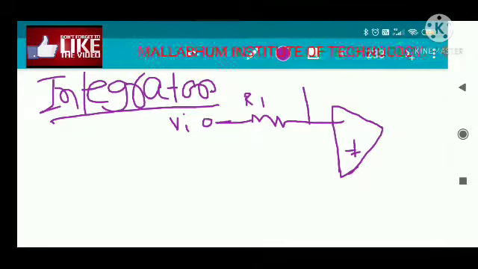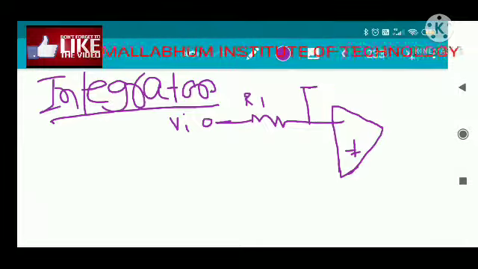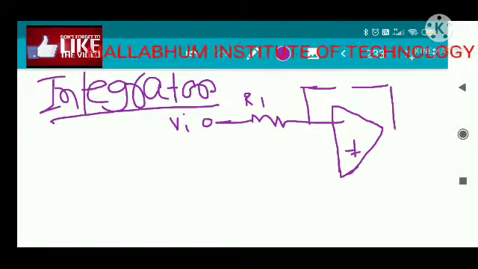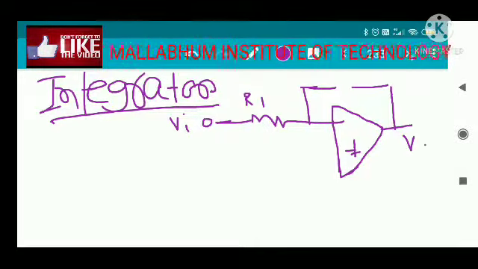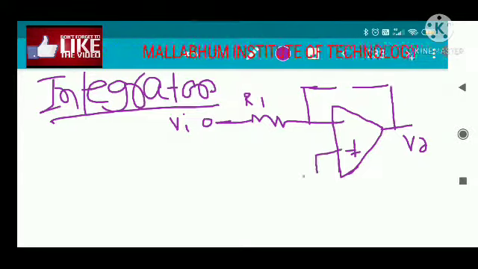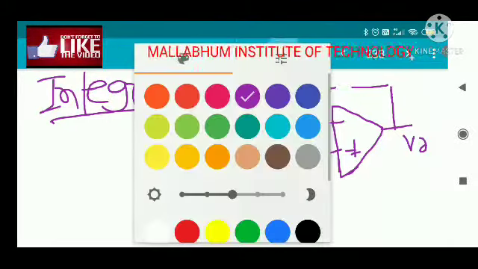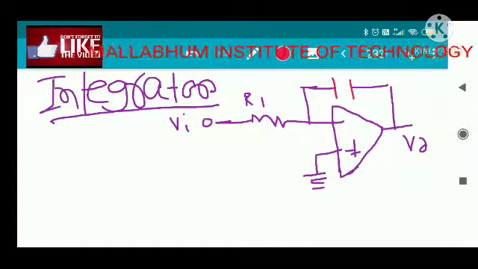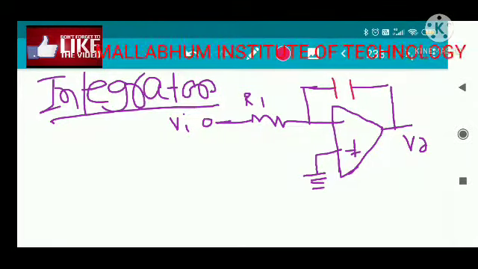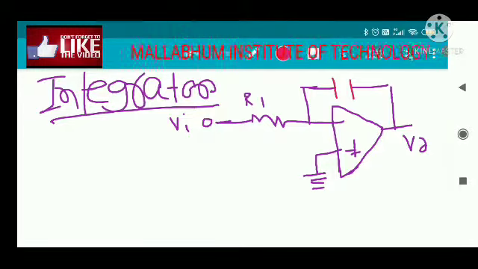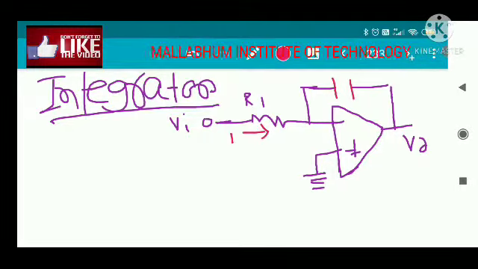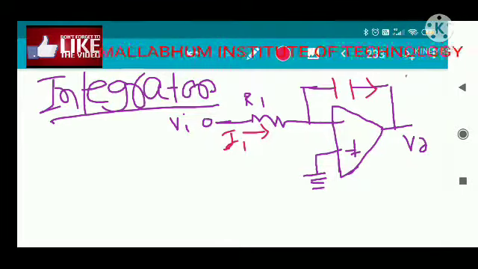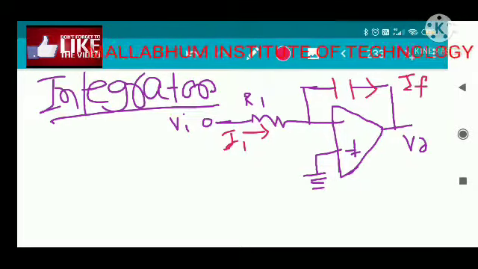In the case of the inverting amplifier there is a feedback resistance here, and this is the output voltage, and this terminal is obviously grounded. Here, in place of the feedback resistance, we connect a capacitor. So that's your circuit. The current flowing through this R1 path is I1, and the current flowing through this capacitor we will call IF.